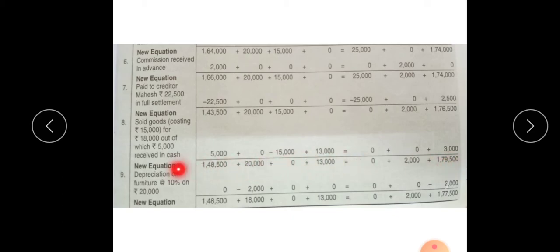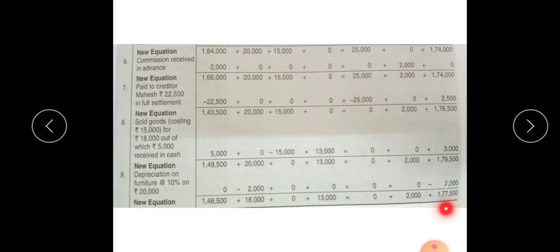Okay. Now the last transaction, furniture is depreciated by 10% of 20,000. So 2,000 rupees. Furniture will reduce by 2,000. So the value of furniture will be 18,000 in the new equation. Depreciation will result in a loss to the business. So capital will reduce by 2,000 rupees. So capital 1,79,500 minus 2,000.